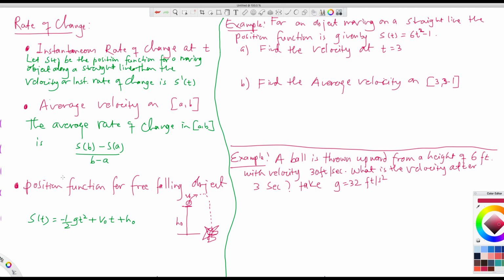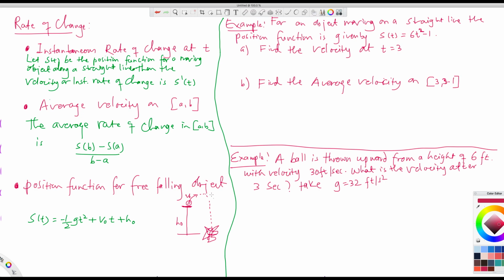And if you are throwing a certain object from a certain height h0, throwing up with the velocity v0, then that object will go to the highest point and then it starts to fall down and it hits the ground, right?